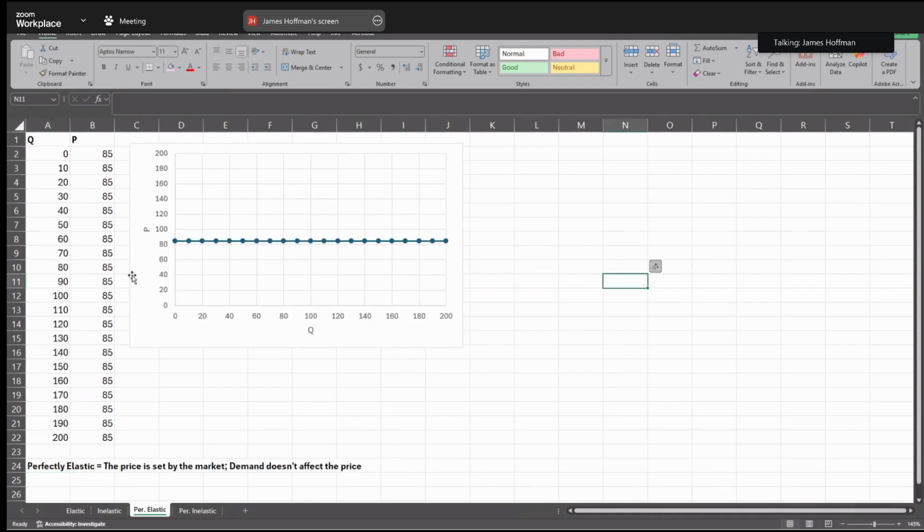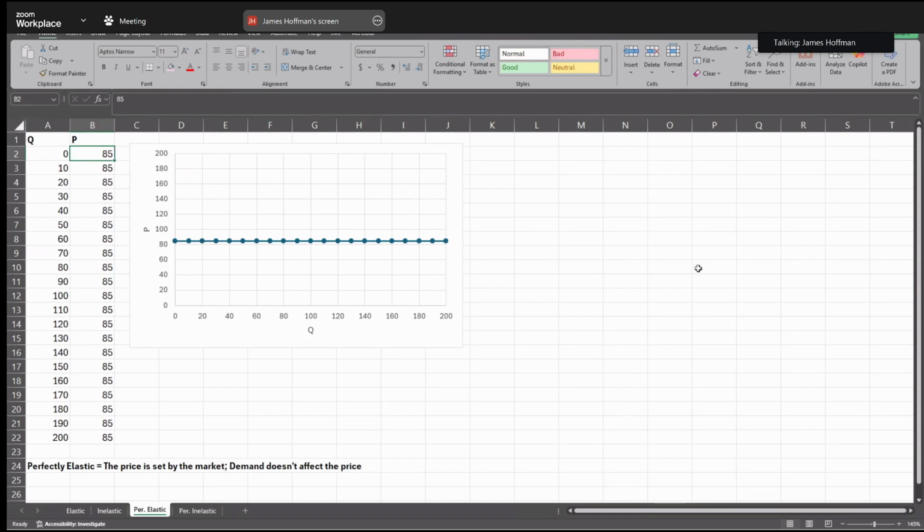The price is set by the market, demand doesn't affect the price. What you see here is that I just made something up, but the price of this good is $85, and consumers can choose to buy as much as they want, but in the short run the price won't change, and in the long run there might be some adjustments. But let me make this a smaller number, because expensive things usually aren't in this situation.